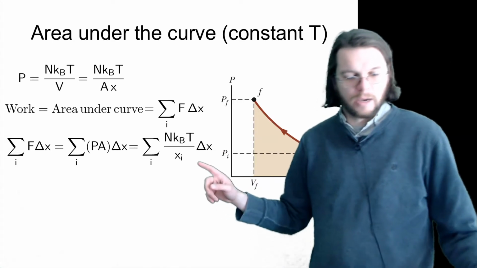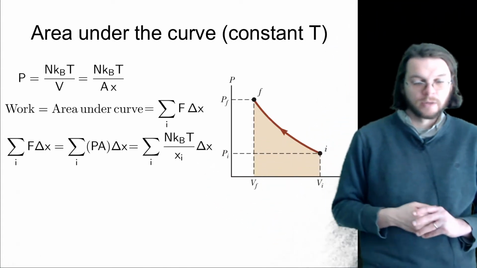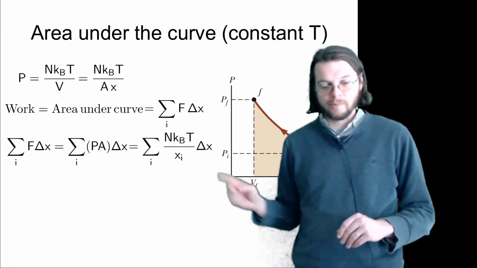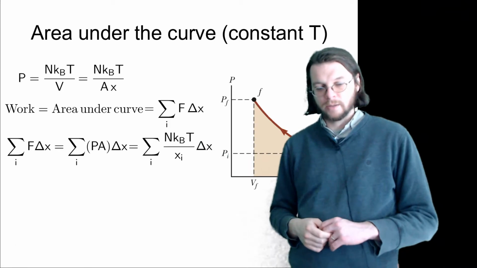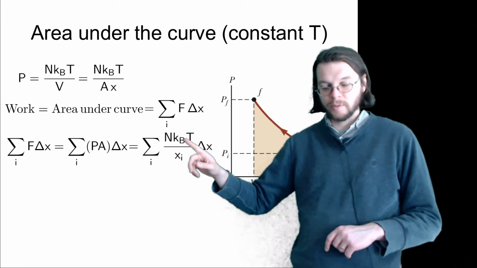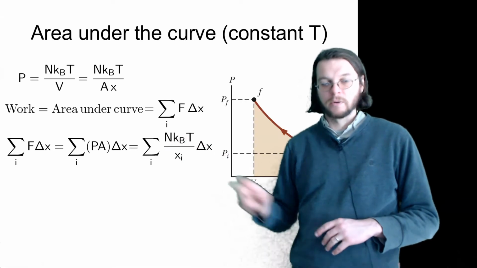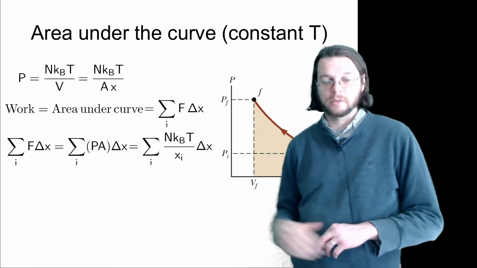If you count up all those things, and if you do that with tiny enough shoves, you end up with basically the integral of dx over x. Now this n, k, b, t, these are all constant. Remember, this is a constant temperature process, so these can all go out front, and I could have written it like that here if I wanted to.